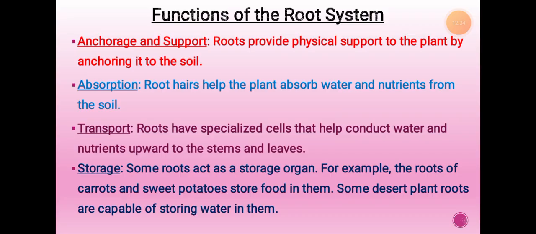After taking in that water and nutrients, they bring it upwards to the stem and leaves, and distribute it among the other parts of the plant according to how much each part requires. So they also help in transportation.